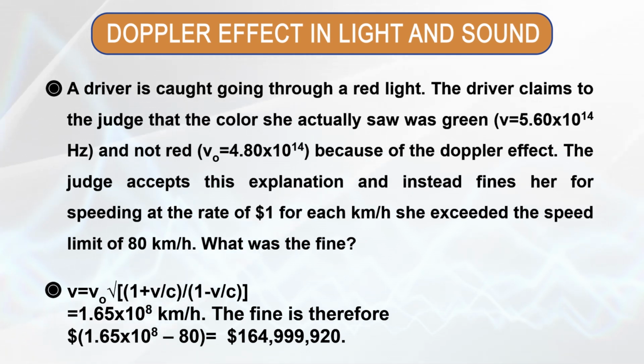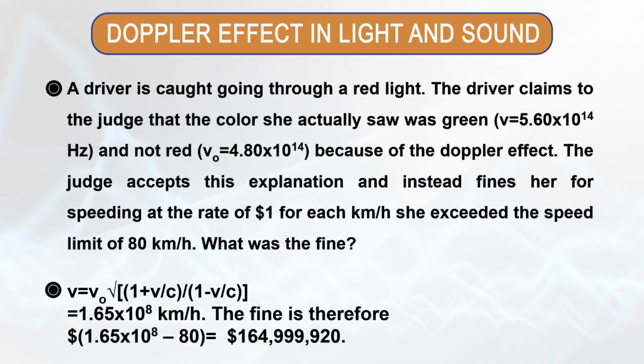So the observed frequency will be the green color frequency, and the original frequency, which was the red color, will be v0. We can use the formula v = v0 √((1 + v/c)/(1 − v/c)). By putting in the values of the original and observed frequencies, we can get the velocity of the vehicle she was driving, which was almost near the speed of light, 1.65 × 10^8 kilometers per hour, meaning she was flying.